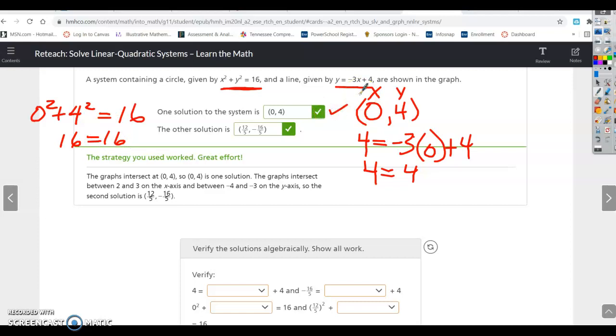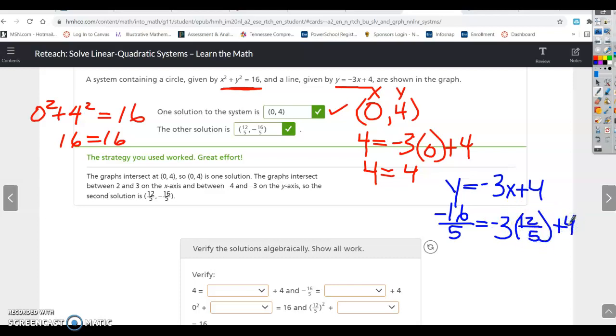All right, now with the fractions. This will be a little bit harder, but let's see what we get. We're going to do y equals negative 3x plus 4. This time our y is negative 16 over 5. And we want to know if that equals negative 3 times 12 over 5 plus 4.